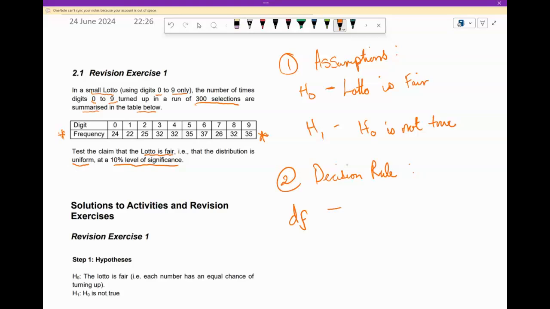In the previous one, we were looking at homogeneity. Are these variables the same? The smokers, are they the same within the different age categories? Here, we're looking at likelihood. What is the likelihood of getting a 0? A 2? A 4, 5, 6, and the rest of it?